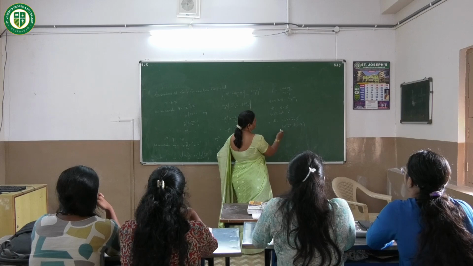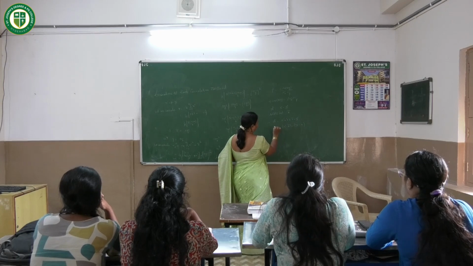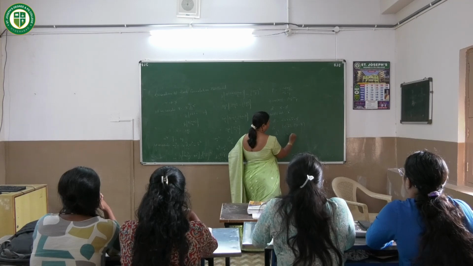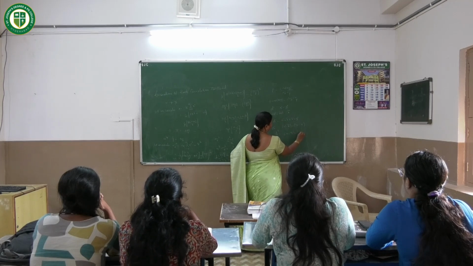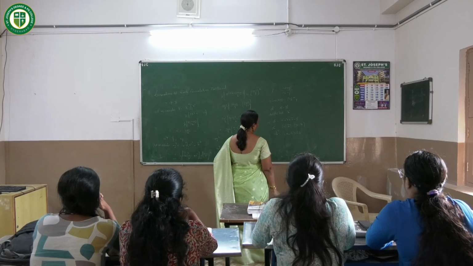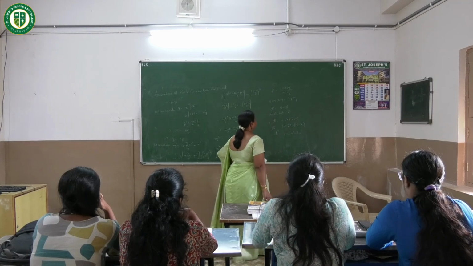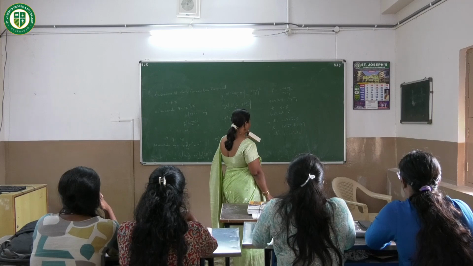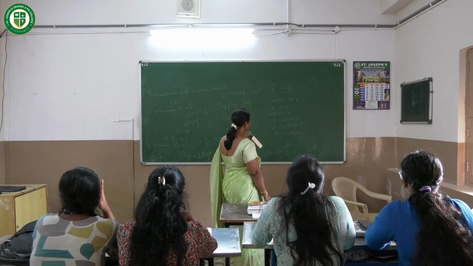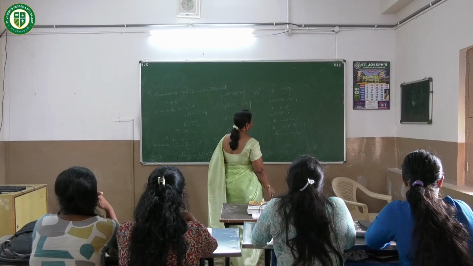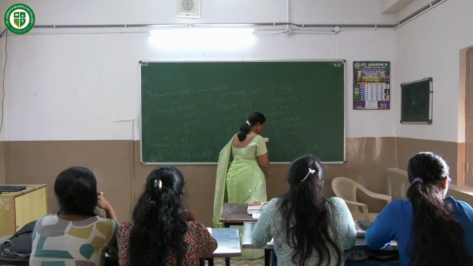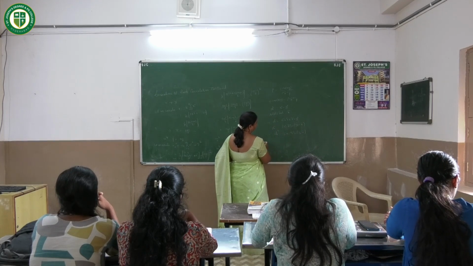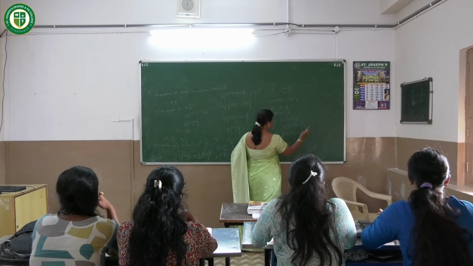Taking squaring on both sides, we get di square is equal to (xi minus x bar minus yi minus y bar) whole square.